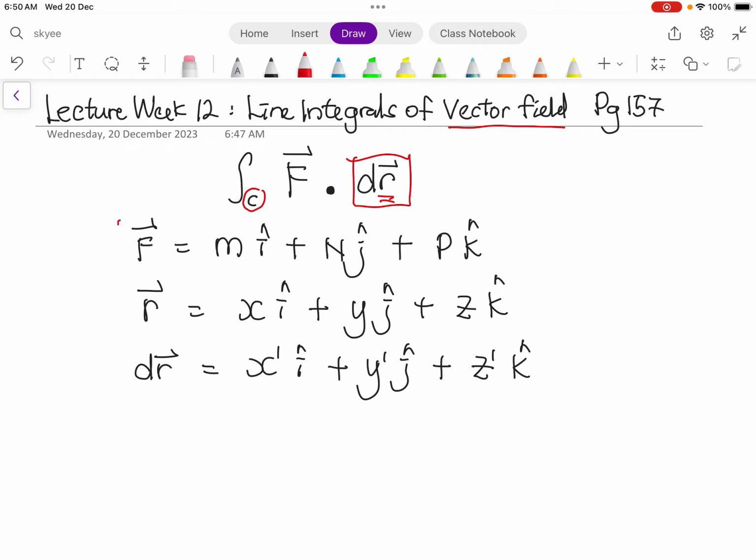Now you combine this vector F and this dr through the dot product.